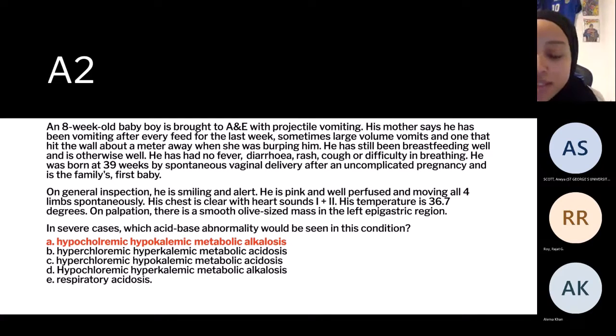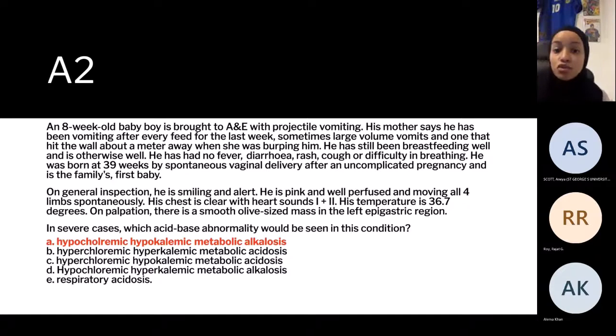But on palpation of his abdomen, the doctor notices a smooth olive-sized mass in his left epigastric region. All in all, that should give you an indication that, again, he's got pyloric stenosis.